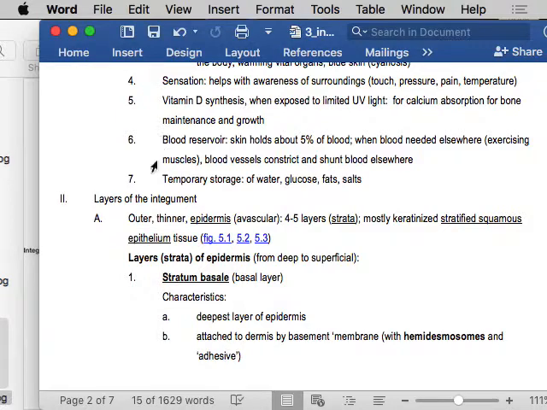And then your skin is also for temporary storage of stuff. So water, glucose, fats, and salts are stored in your skin to greater and lesser degrees. Every woman in here knows that the amount of water and the amount of salt that you store in your skin varies with hormones. Yes, pretty dramatically. Like you can have massive amounts of water retention during certain portions of your menstrual cycle.